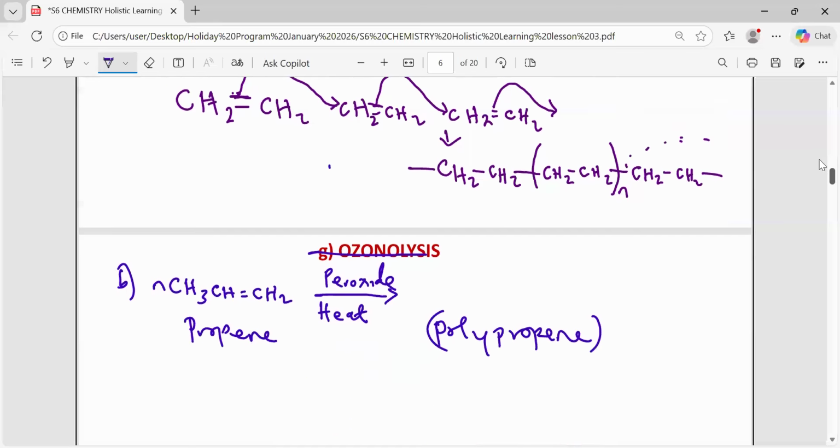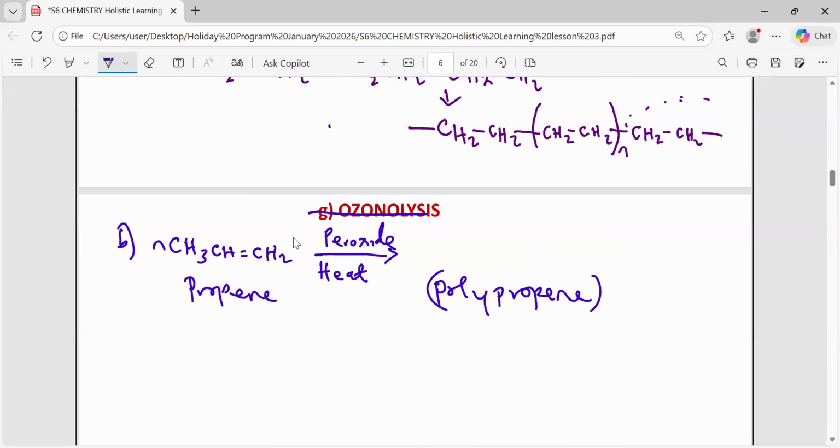Now, let us see how we get this product. You recall the bonds are where there is a double bond. This is CH, single bond, then CH2. Which means this carbon atom is going to bond with other propene molecules, so there we put a dash.